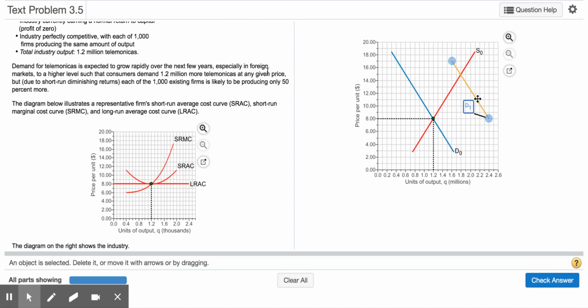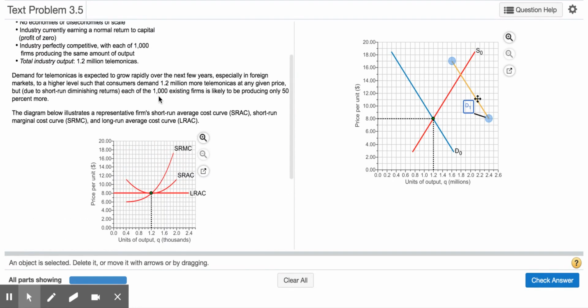Notice that the question says firms can now produce 50% more. Currently, they're producing 1.2. 50% of 1.2 is 0.6. 0.6 plus 1.2, so we get 1.8.